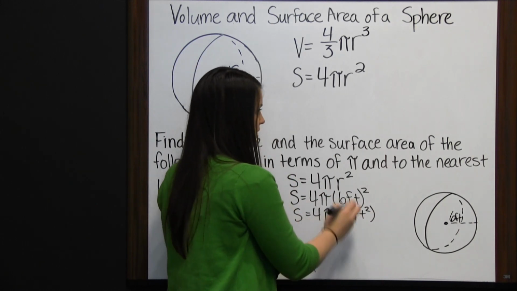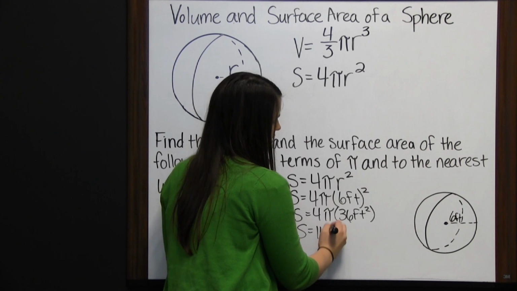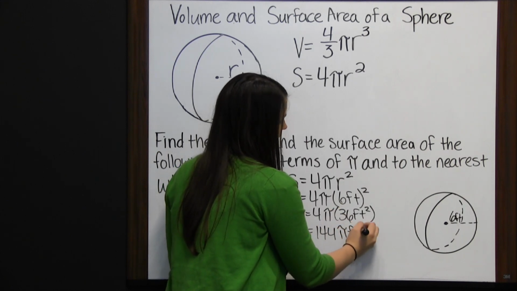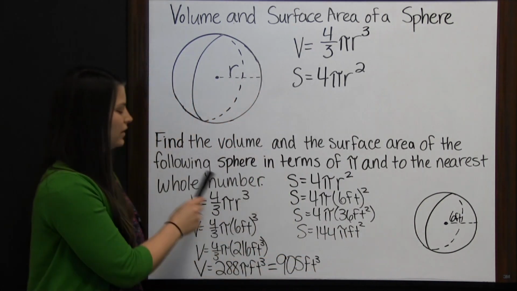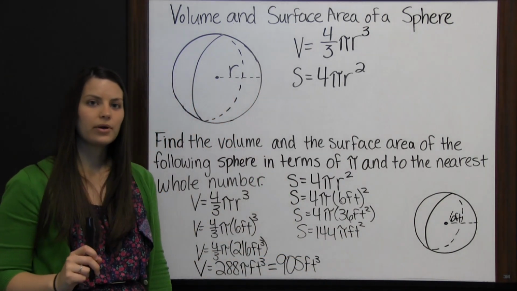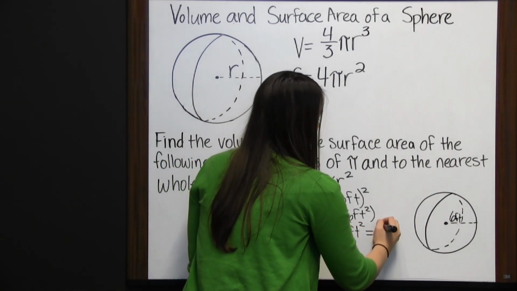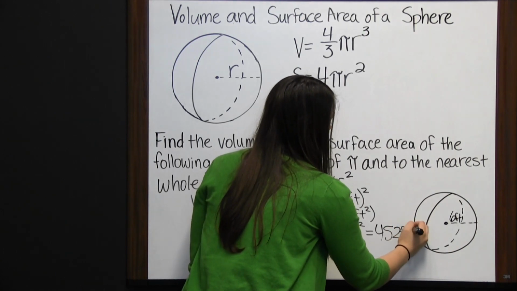And then 4 times 36 feet squared is 144 times pi, 144 pi feet squared. So that's our answer in terms of pi. And then to find it to the nearest whole number, we need to multiply times pi, which gives us 452 feet squared.